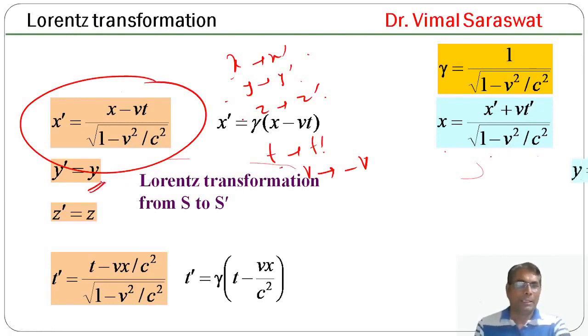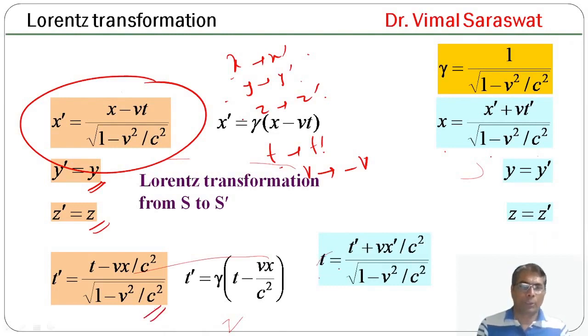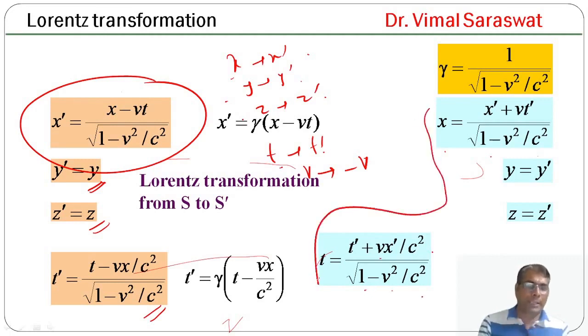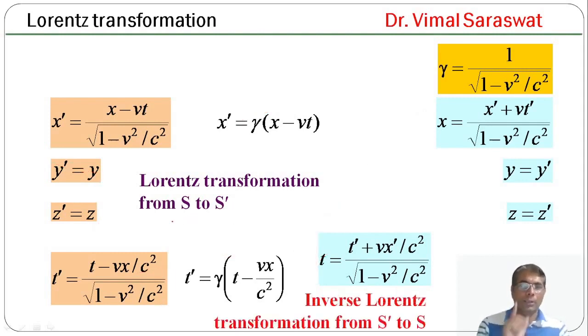This will be y equal to y dash, this is z equal to z dash, and this equation will be t equal to t dash plus vx dash upon c square whole upon root of 1 minus v square by c square. So these are the inverse Lorentz transformation from S dash to S.